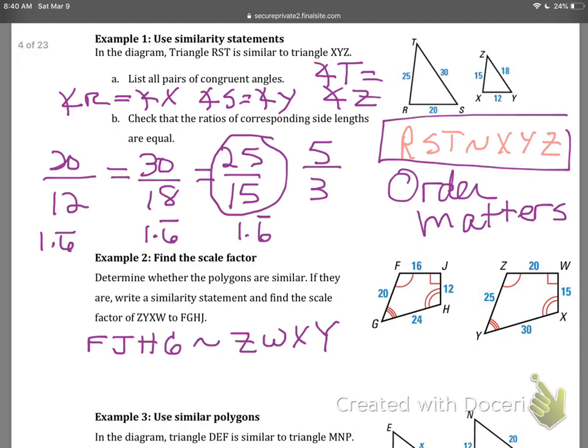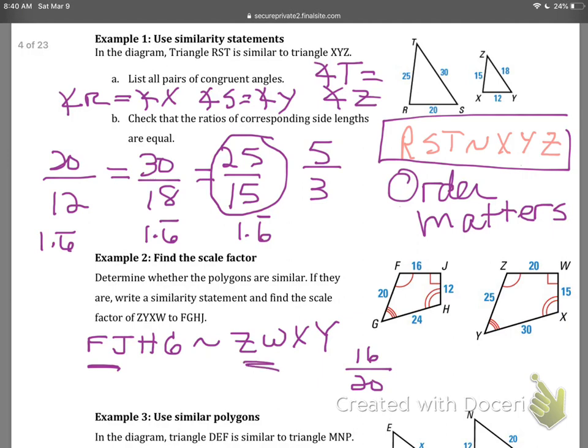Okay, so now to get the scale factor, since I know the angles all match, I'm going to just pick one fraction and get the scale factor from that. So how about if we take 16 is to 20, because FJ is proportional to ZW.